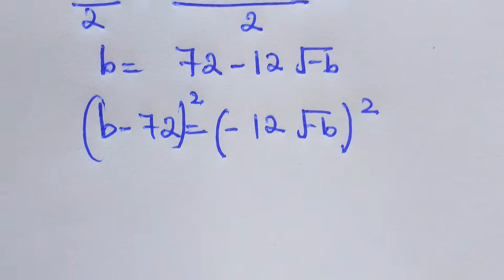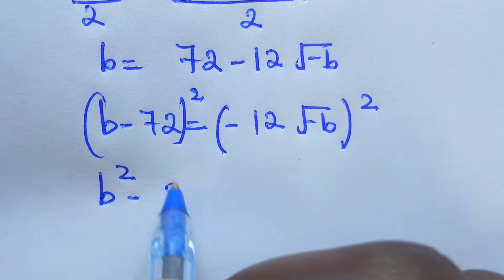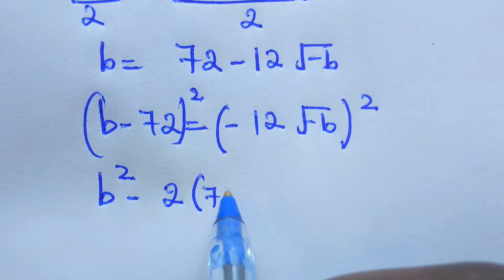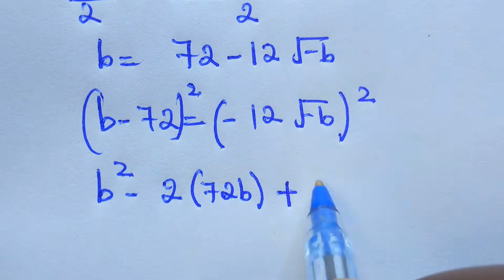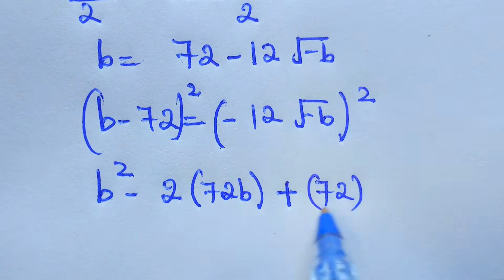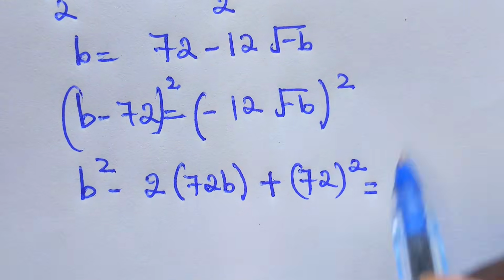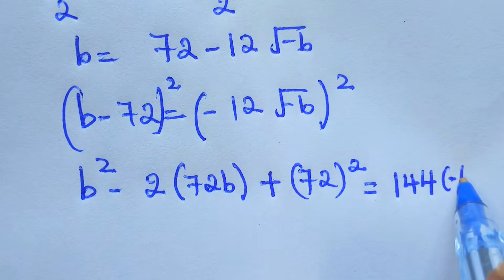So here we write b squared minus 2 times 72b, and plus 72 squared, and this will be 144 times negative b.